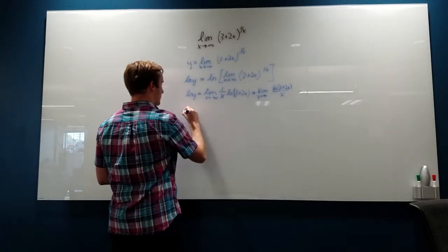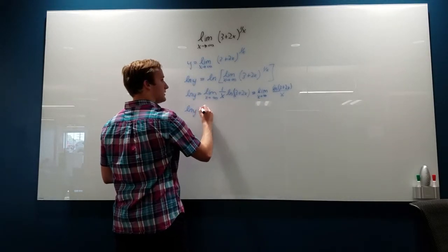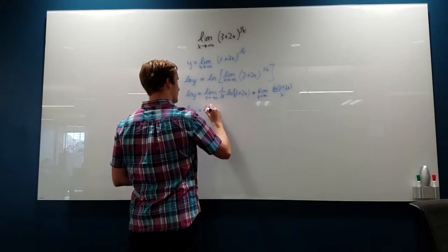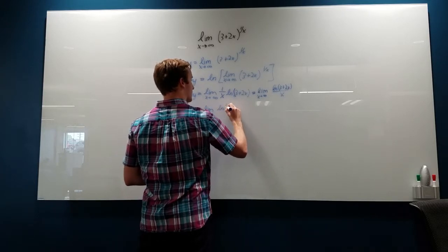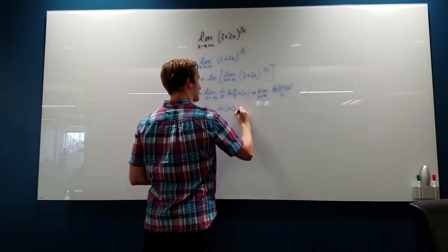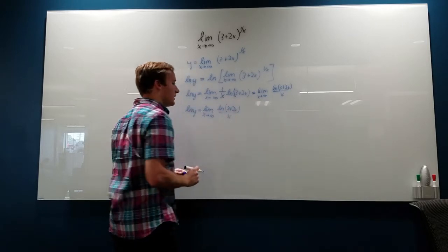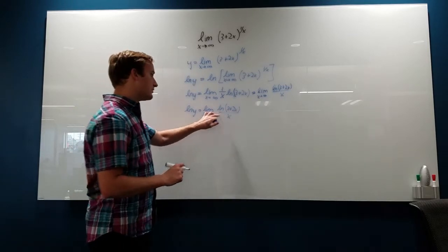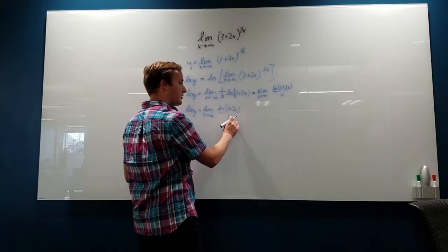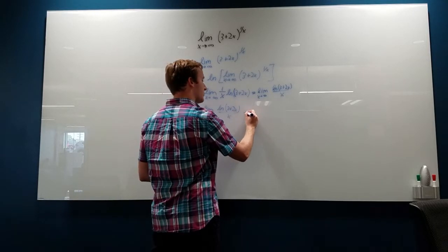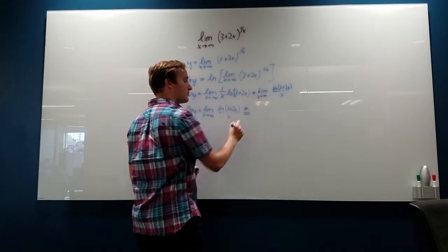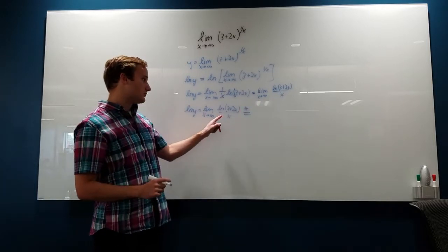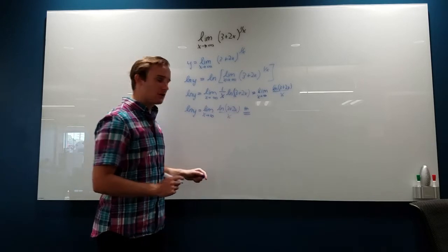Okay, so I'll write L'Hopital's rule out in the next step. We've still got the natural log of y, and that is equal to the limit as x approaches infinity of the natural log of 3 plus 2x all over x. And now we're going to use L'Hopital's rule here. So we'll take the derivative of the top and of the bottom separately. I'm going to write an h above the equal sign to denote that we're using L'Hopital's rule to move from this step to the following one.